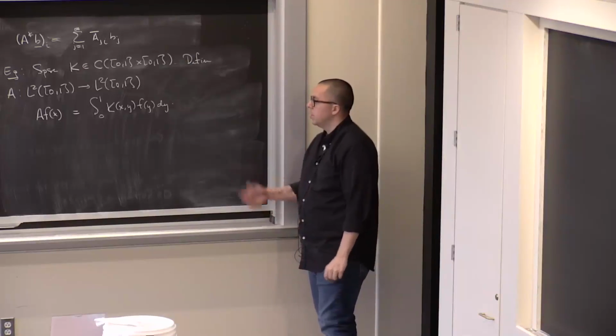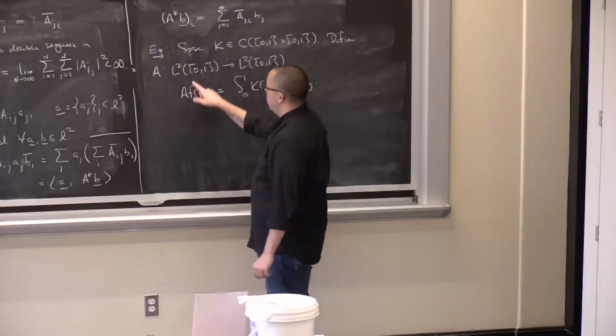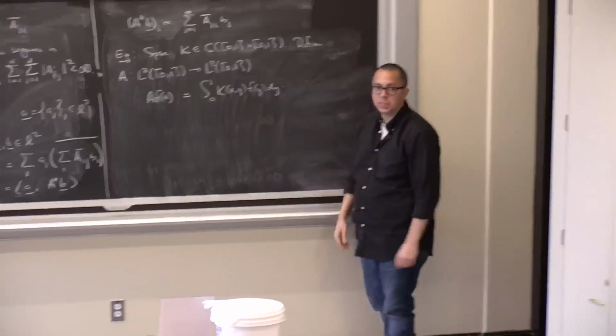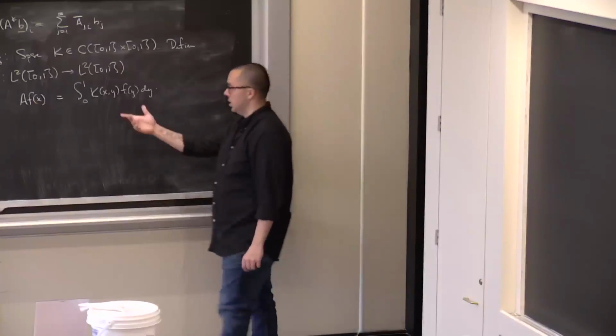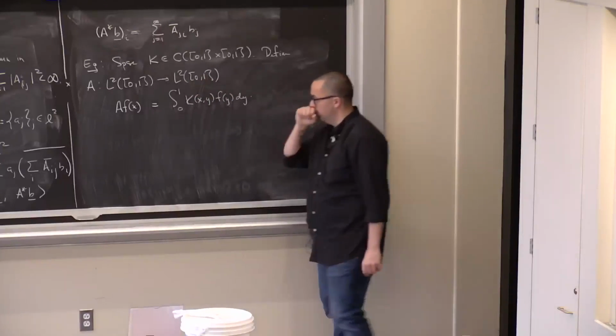In fact, for each f in L2, A f is a continuous function. It's more than just in L2, it's in fact a continuous function. But continuous functions on [0,1] are elements of L2 on [0,1].